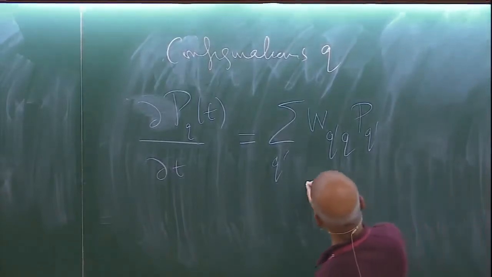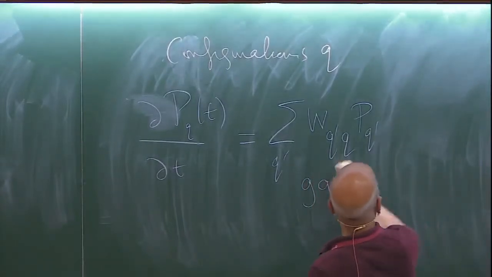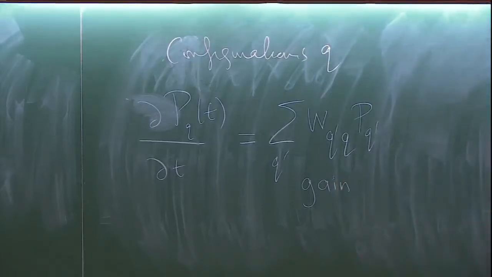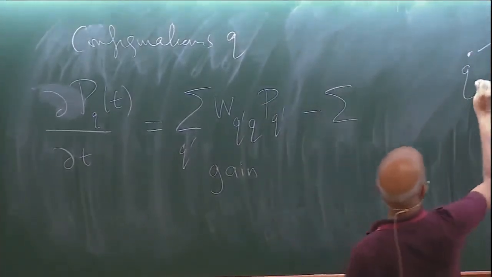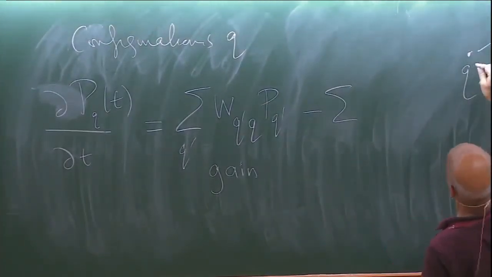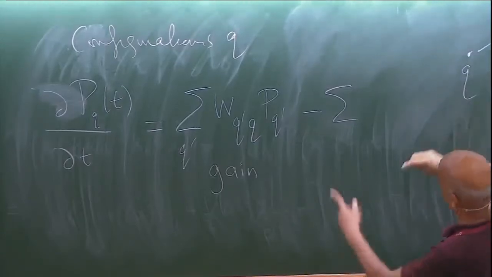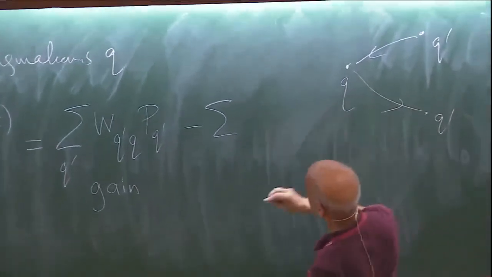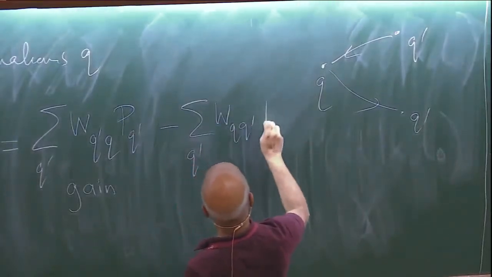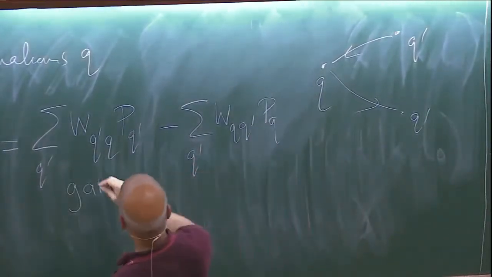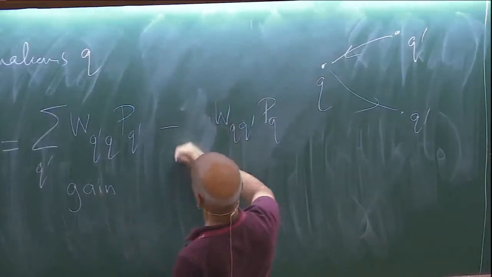Right, so this is gain, the point Q, here is Q, here is other points Q prime, and you're going from there to here. Okay, and here is loss. You could go to other points, which I'll again call Q prime. It doesn't matter because I'm going to sum over them. So I can remove this summation from here.